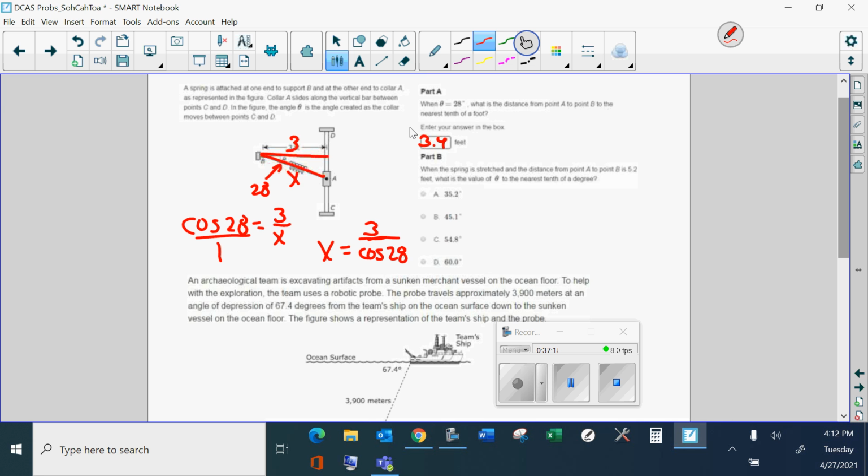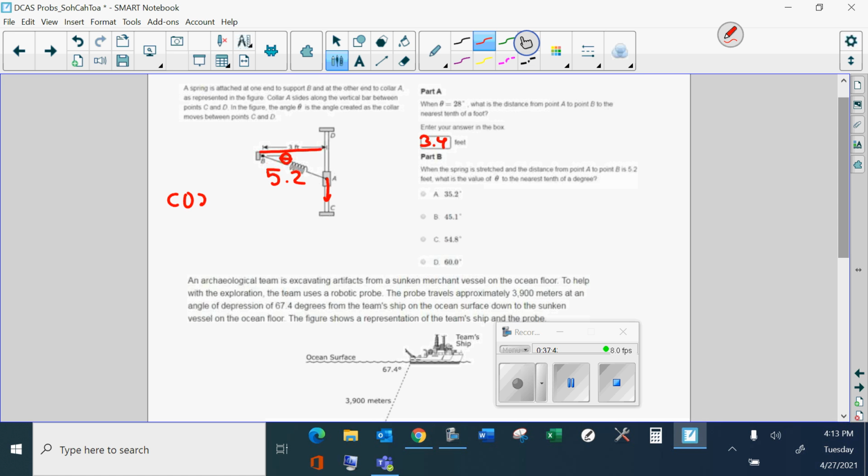3.4. When the spring is stretched, the distance from point A to point B is, so when this gets stretched right down here, remember that was just 3.4. Now it's going to be stretched and that distance is 5.2. What is theta? Remember this 3 feet doesn't change. So now we have adjacent over hypotenuse, which is cosine.